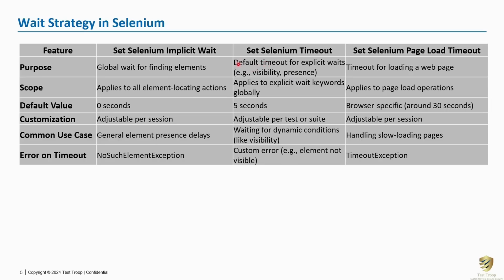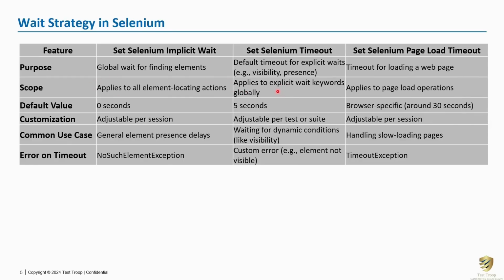Explicit waits are generally used for validating particular conditions, like the visibility of an element or the presence of an element. Whenever you are using keywords like wait until this element is visible or wait until this element is present, you can use the explicit wait.